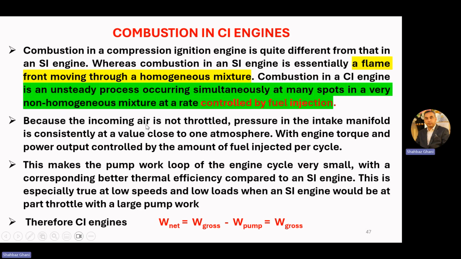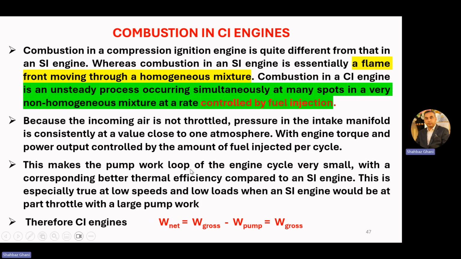Because the incoming air is not throttled, pressure in the intake manifold is consistently at a value close to 1 atmosphere, with engine torque and power output controlled by the amount of fuel injected per cycle. So everything depends upon the controlled amount of fuel which is injected by the fuel injector.